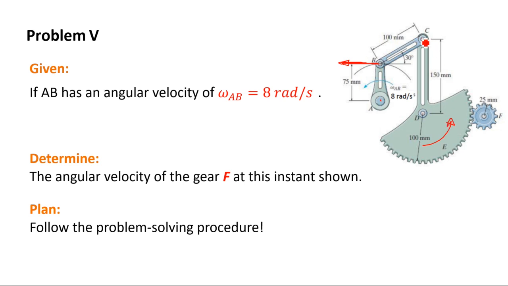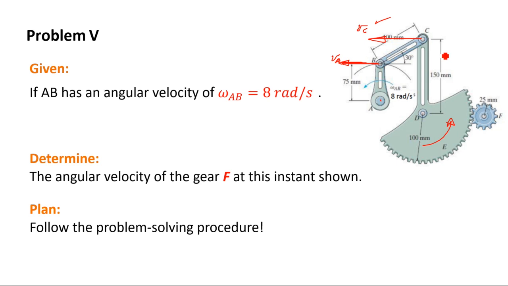So the velocity at C has a horizontal component only, in a negative direction. The next step is to find the relative velocity equation between VB and VC to find VC.